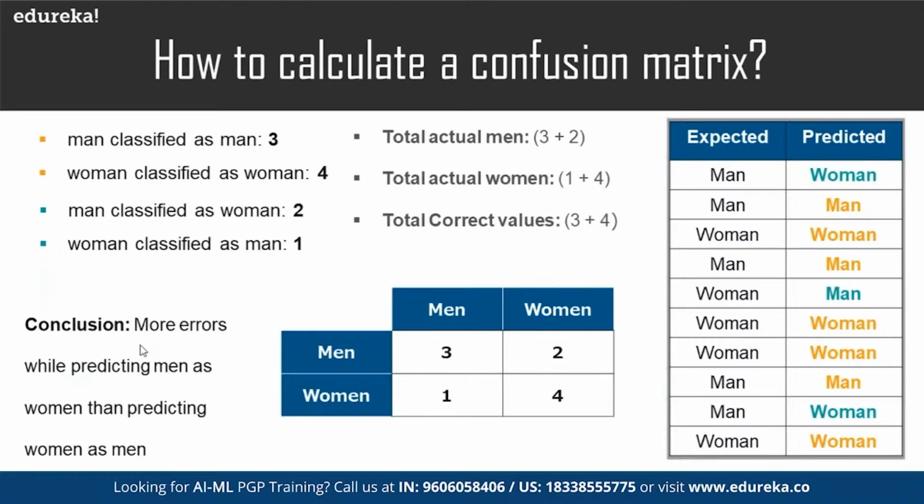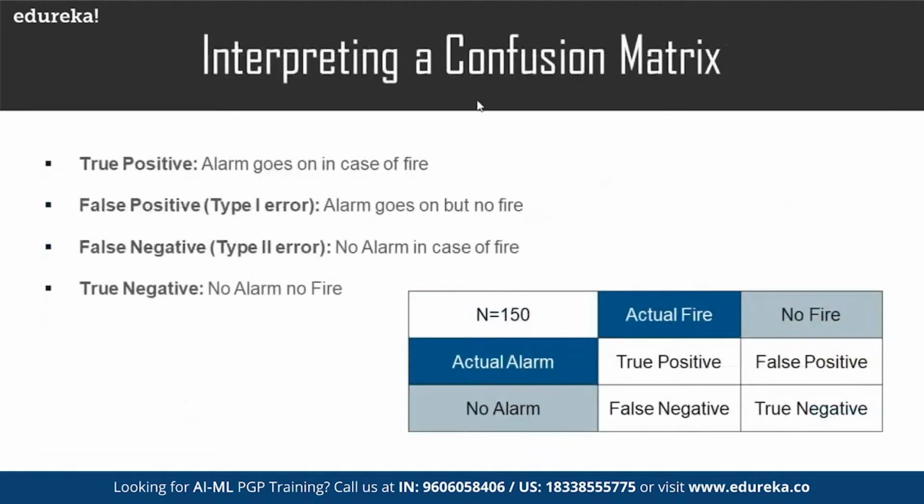As per these given values, the conclusion is more errors while predicting men as women than predicting women as men. It's just an example, let's not consider it much now, but all you need to know is what the confusion matrix is and how we interpret it, how we comprehend it like this.